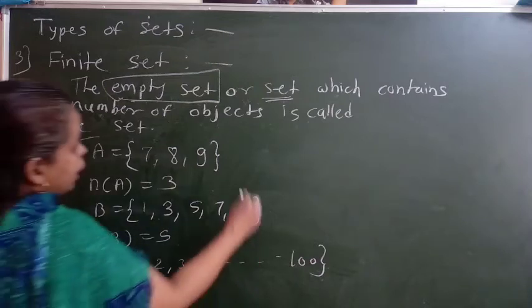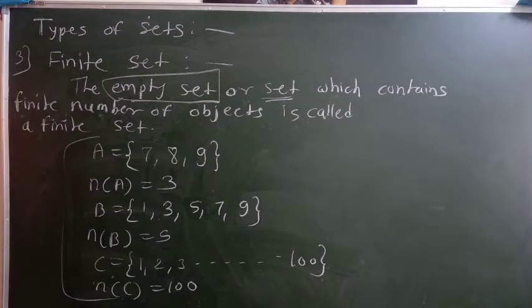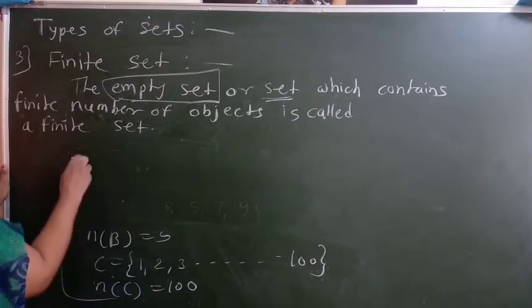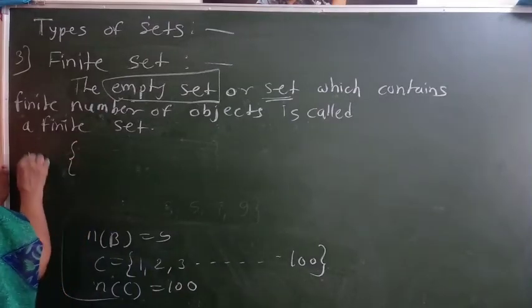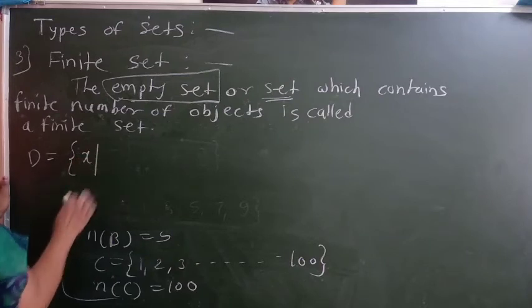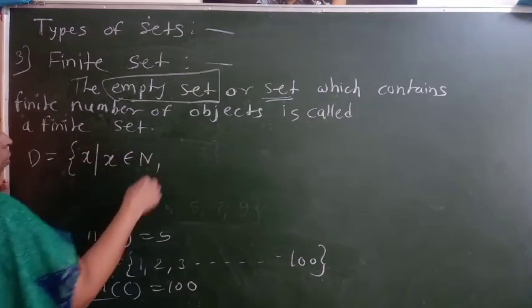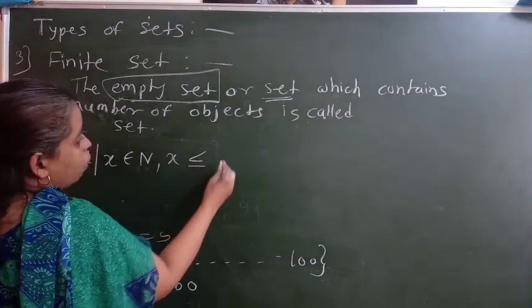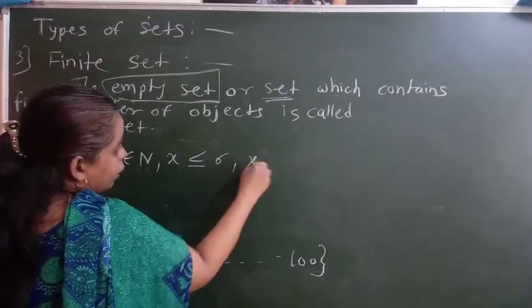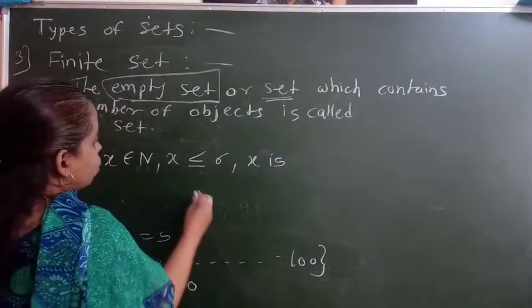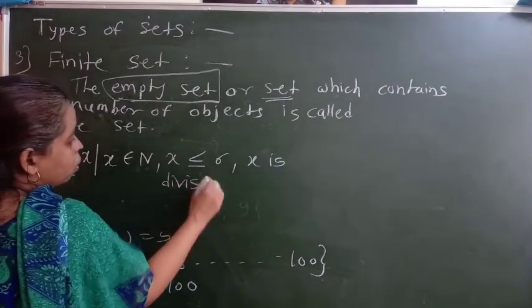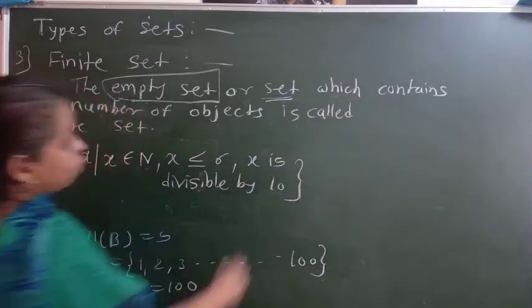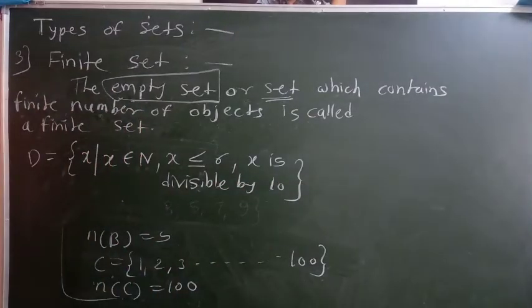Now if there is any empty set, for example, suppose this is set D, x such that x belongs to N, x is less than or equal to 6 and x is divisible by 10. X is divisible by 10.